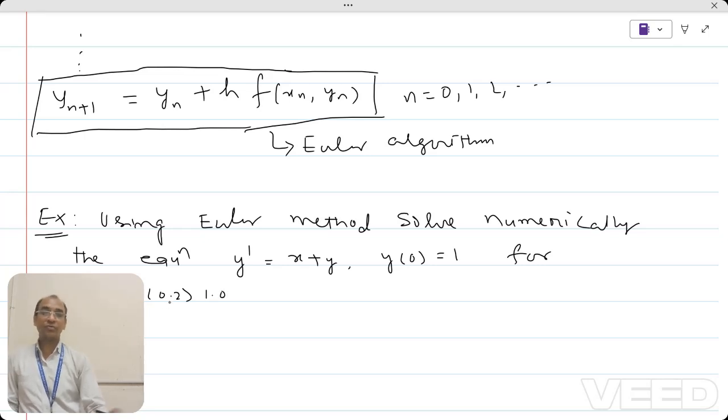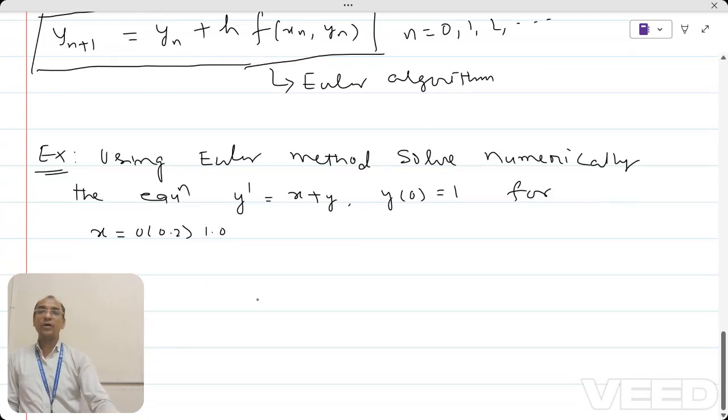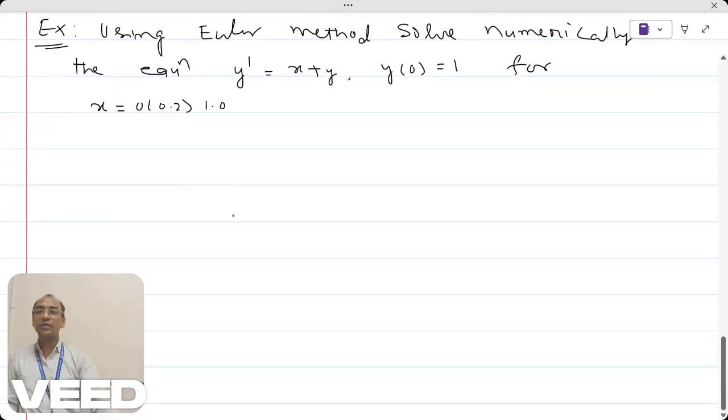What is the meaning of this? I will tell you. My aim is to solve the differential equation y dash equal to x plus y. Now I will compare this with the standard form. y dash means dy by dx equal to f of x, y.